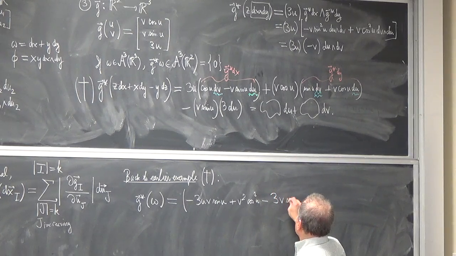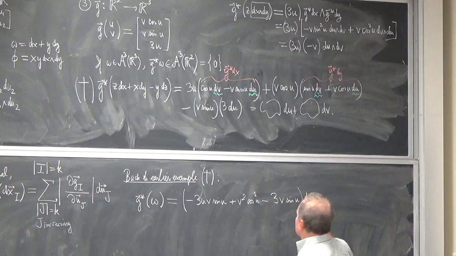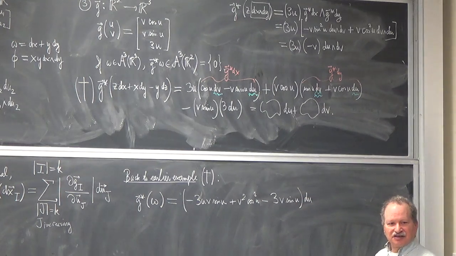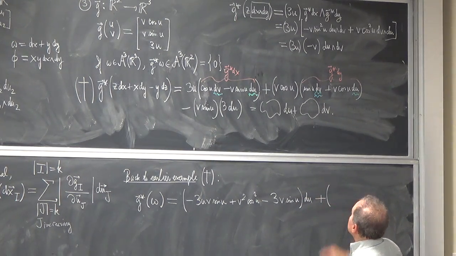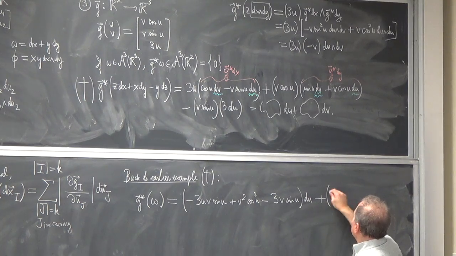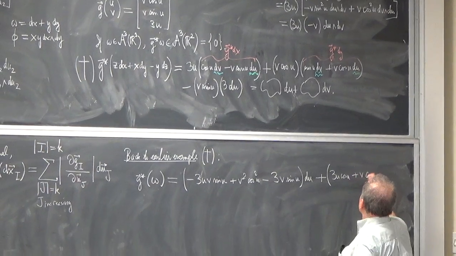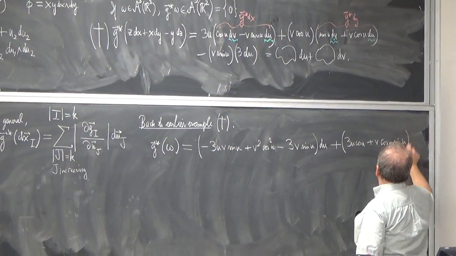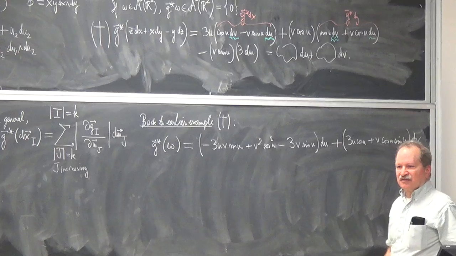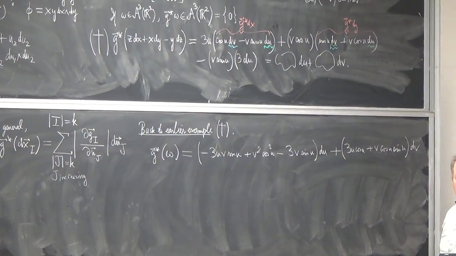Minus 3v sine u, all du. I'm just collecting terms. Plus, how many dv's? 3u cosine u plus v cosine u sine u dv. Is that correct? Is somebody checking me?